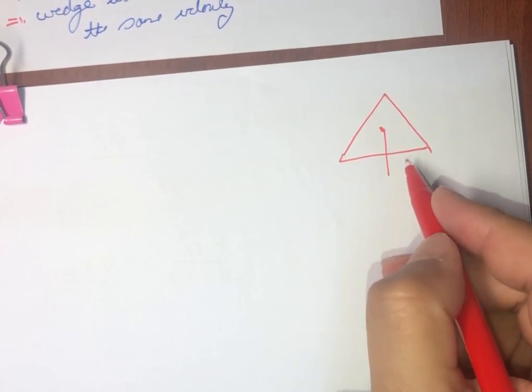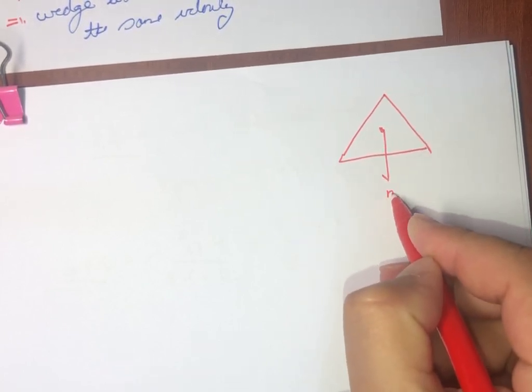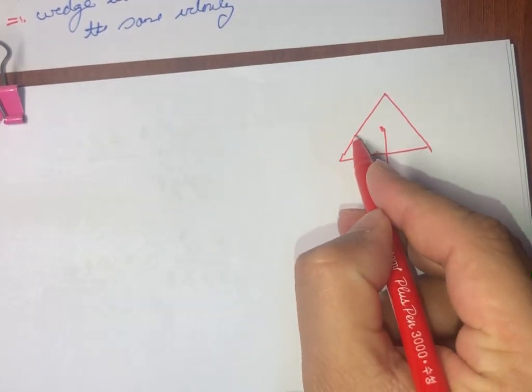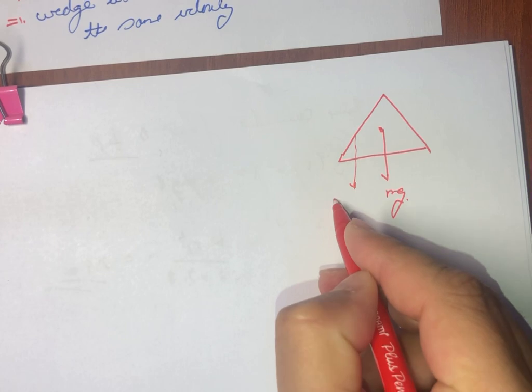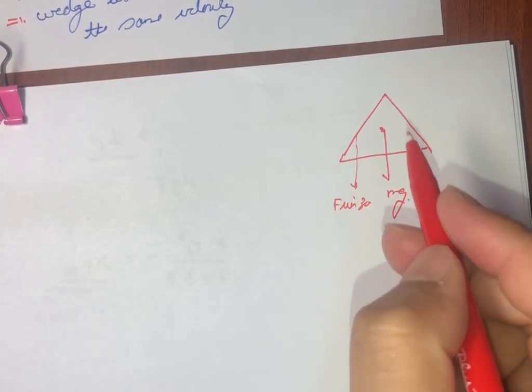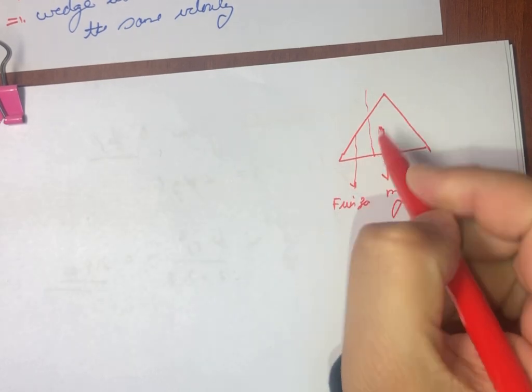Mass is given as m, so we have mg in the downward direction, and here we have f sin 30, and we are going to have a normal because of the table.